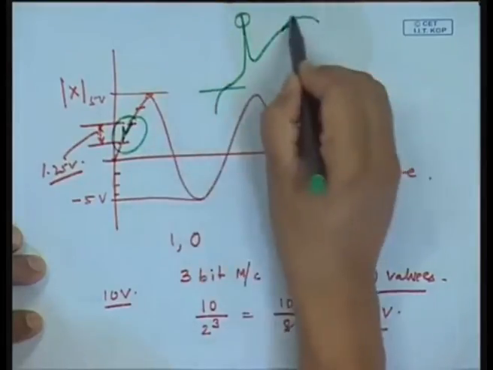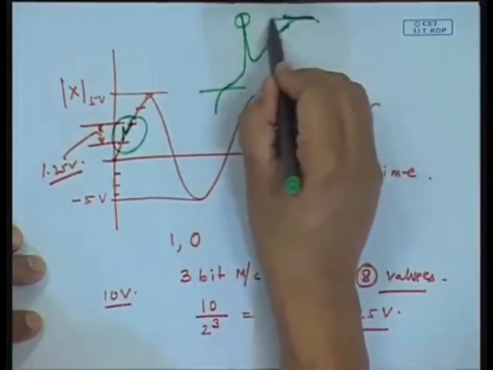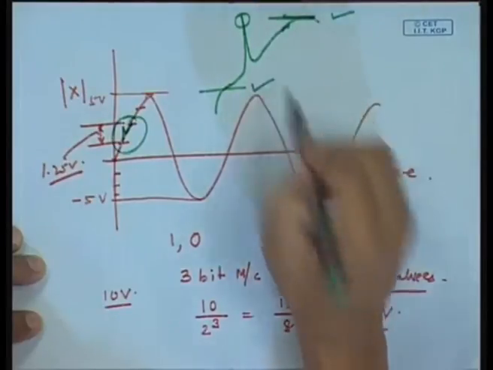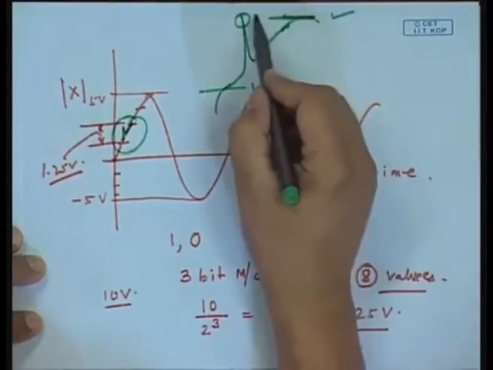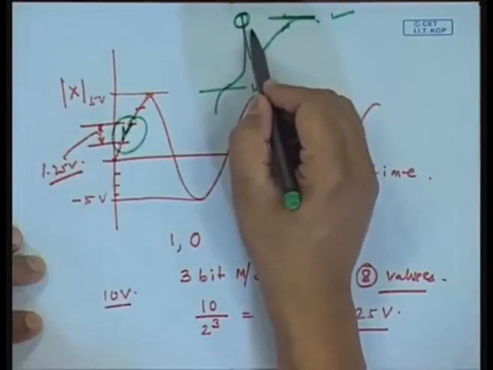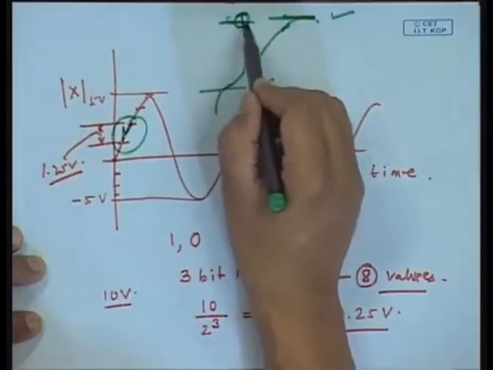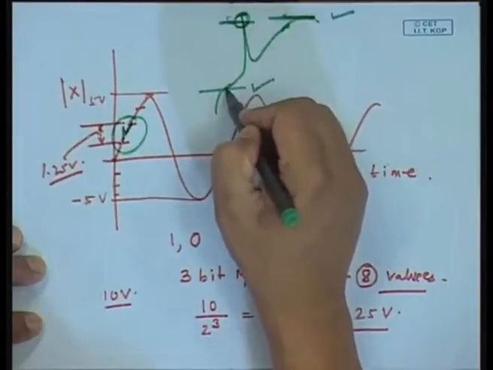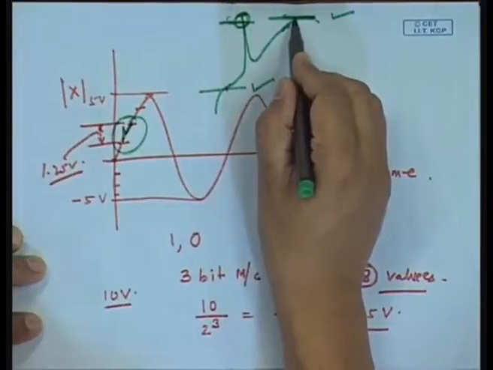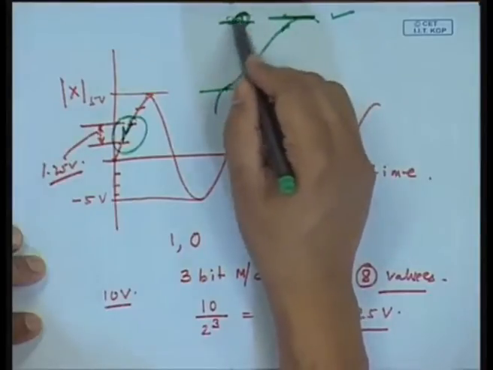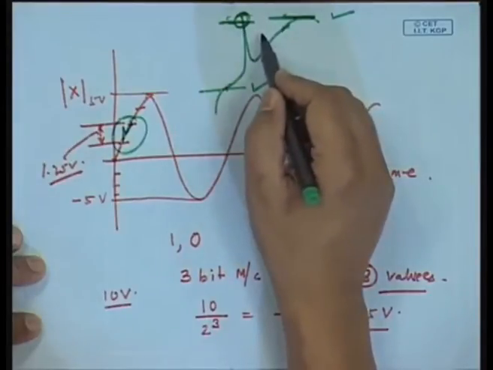Now, this is one level the computer recognizes, this is another level, and the computer does not understand where I will put this intermediate value. So, either the computer will put it here or put it here. So, it is going to lose the amplitude sensed by the machine.